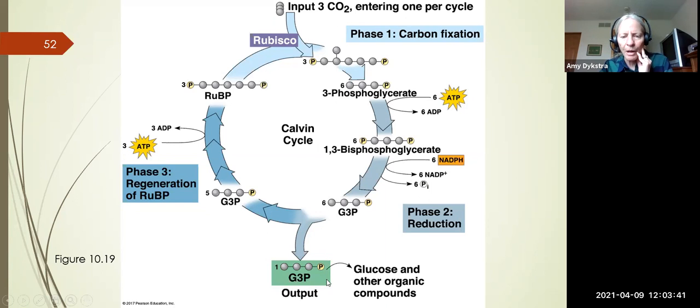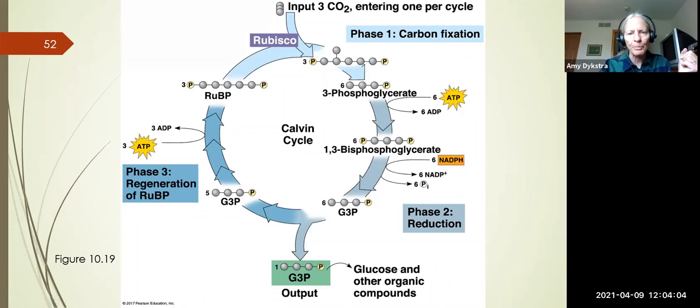1 3-carbon molecule. If we wanted to make glucose, glucose has how many carbons? 6, people are saying. So if you wanted to make a 6-carbon molecule, you would need 2 G3Ps, and so you would need to put in 6 carbon dioxides.